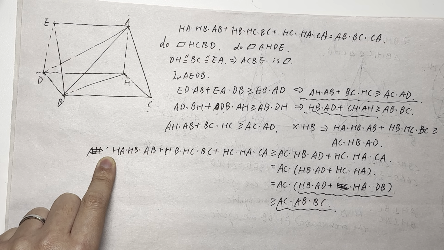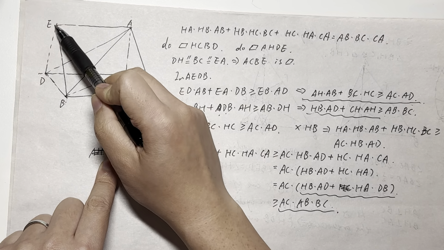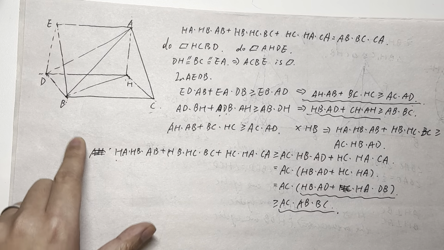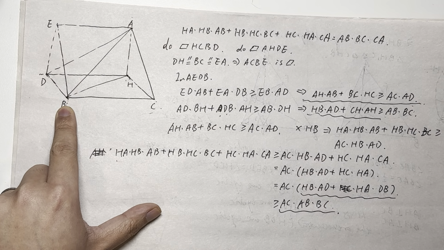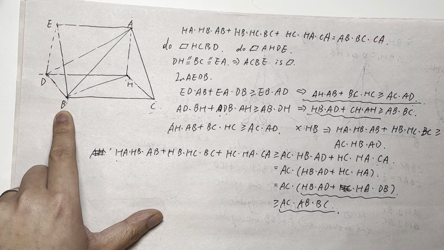And the equality is only valid when A, E, D, B are cyclic and A, D, B, H are cyclic, right?